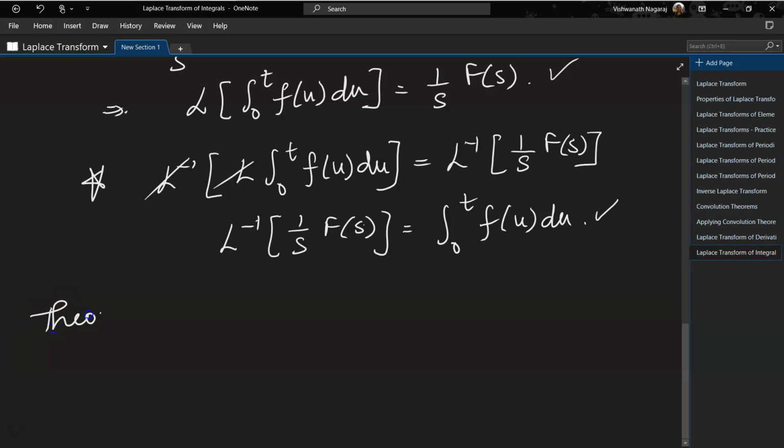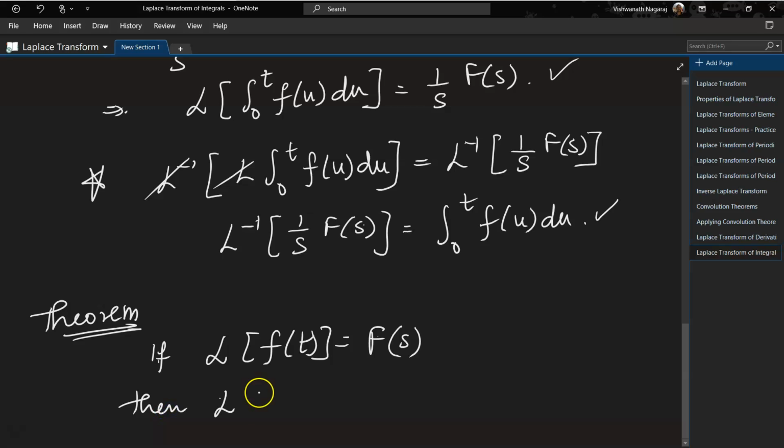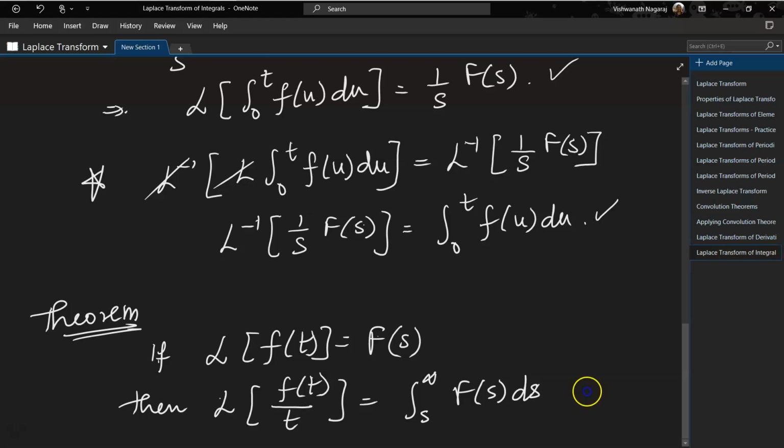Let's look at theorem 2. Now what does the second theorem say? If the Laplace of f of t is taken to be capital F of s, then Laplace of f of t by t is equal to integral from s to infinity of F of s ds, right?